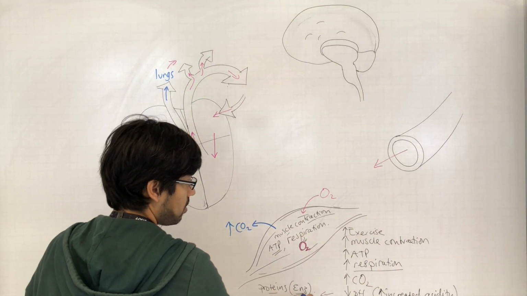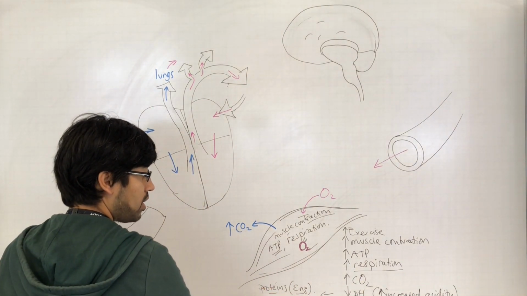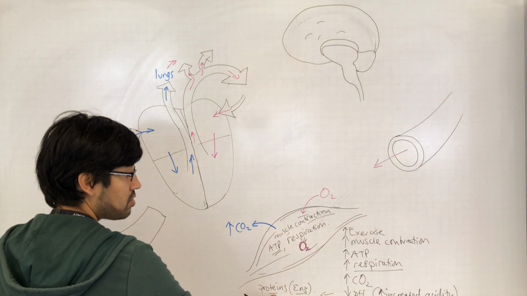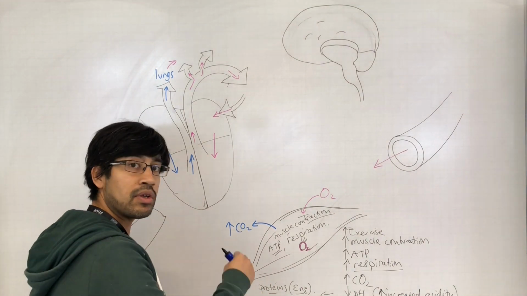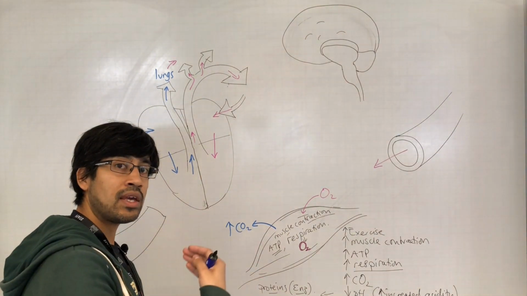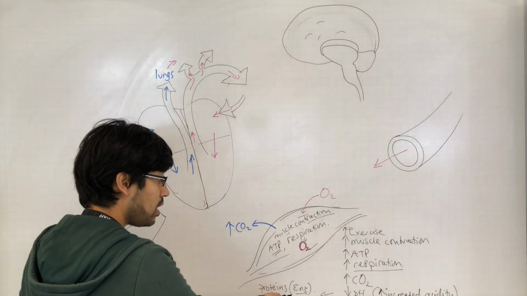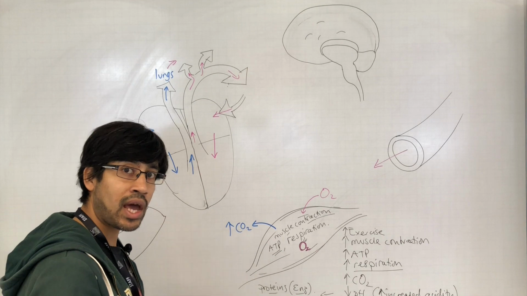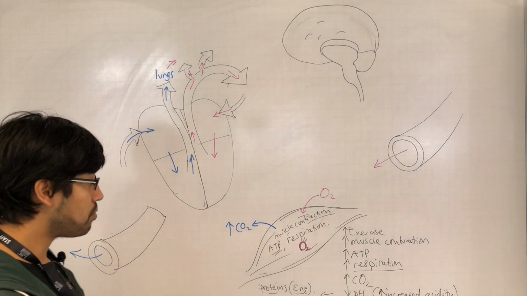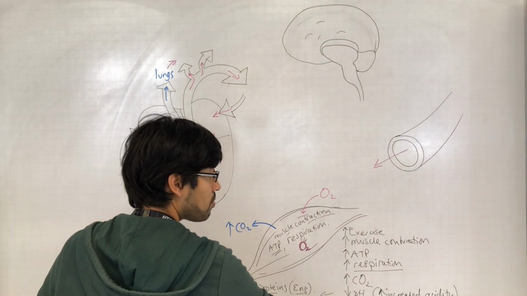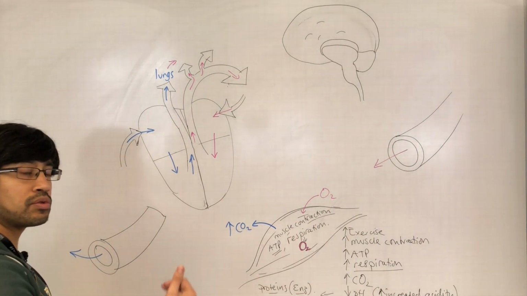So you can't allow the blood pH to go too low, because if it does, it's going to start to affect the proteins and the enzymes of cells and tissues, and it might affect their shape, and in that case it's going to affect their function. Then these proteins will stop working properly, and when that happens, you're going to start to affect the functions of tissues and organs of the body. So it's very important to make sure that this pH is not allowed to go too low.